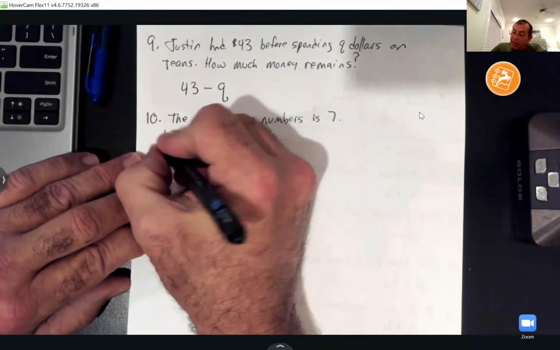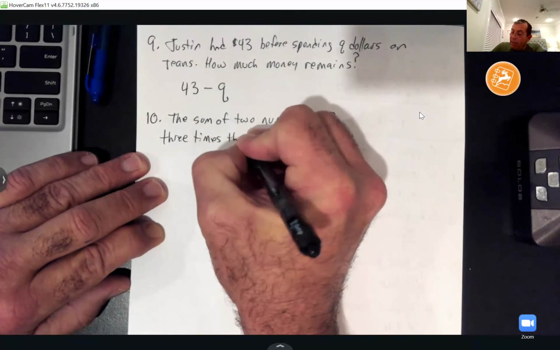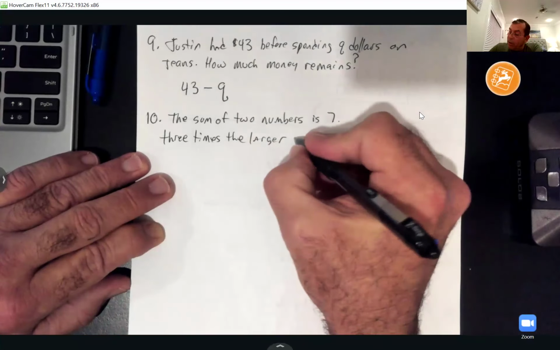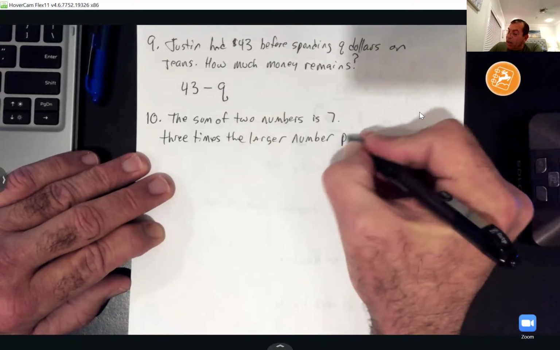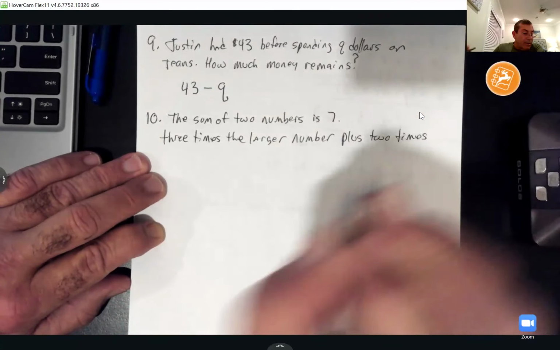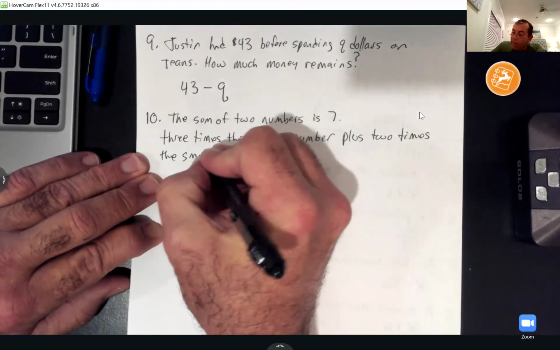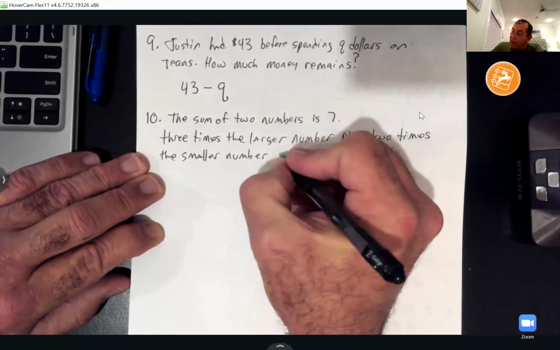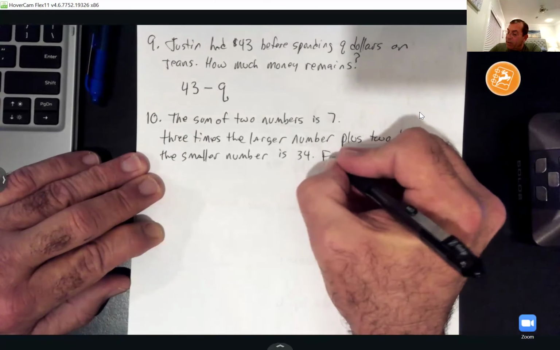Then it says 3 times the larger number plus 2 times the smaller number is 34. Find the numbers.